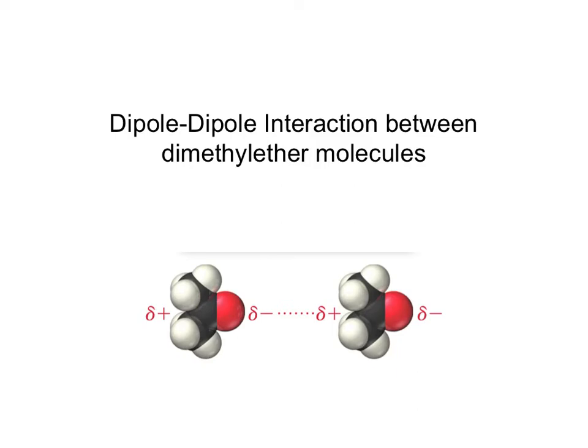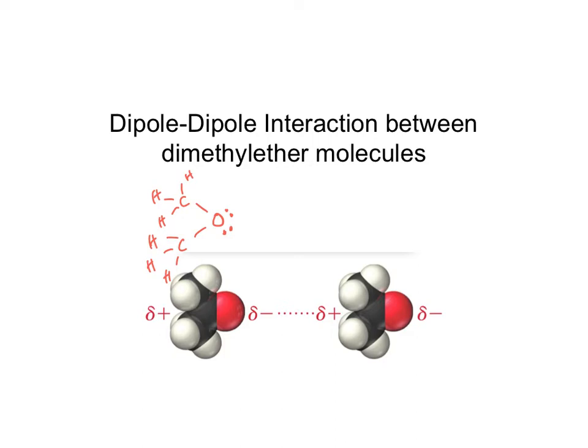So here you have an oxygen connected to two methyl groups. The methyl groups are sp3 hybrids, although I'm not drawing it very well. And then the oxygen also has 4 groups of electrons, so it's sp3 hybridized as well.